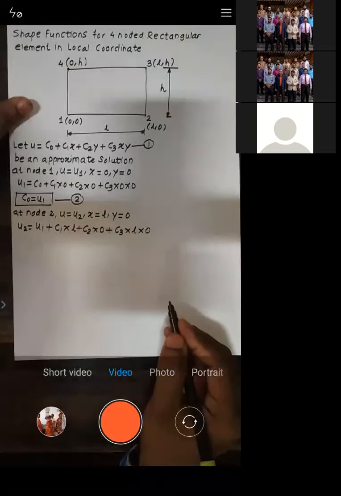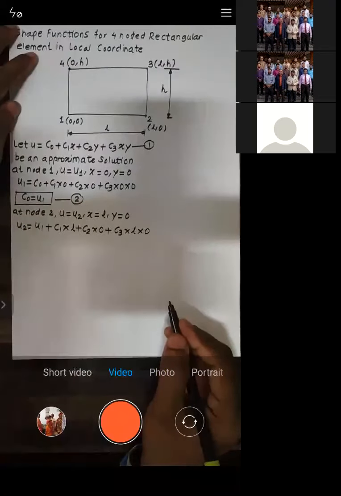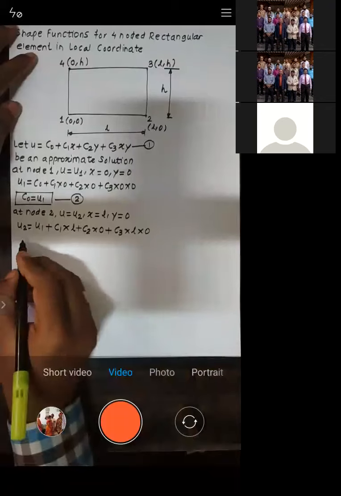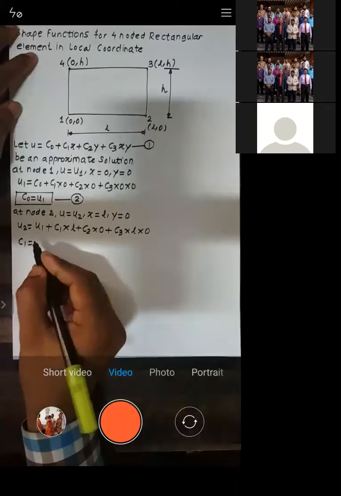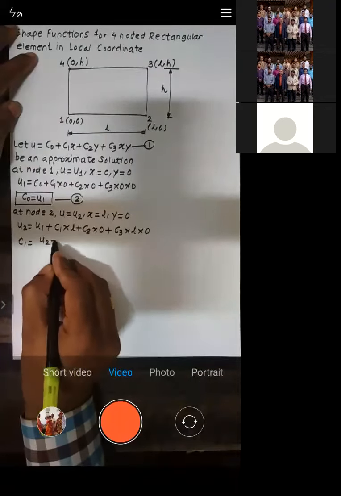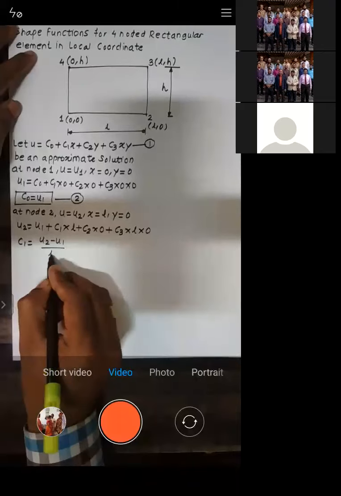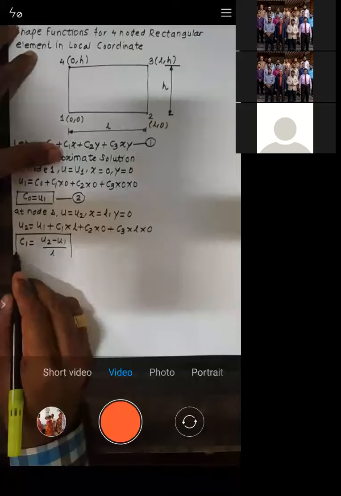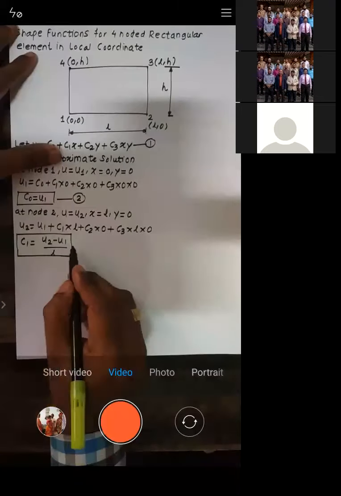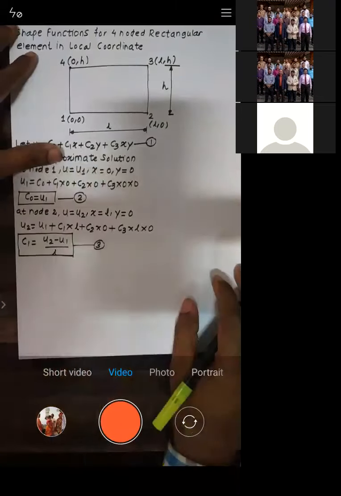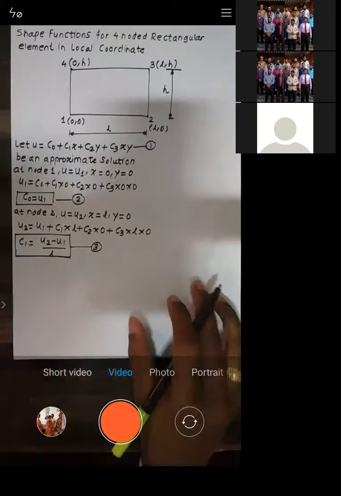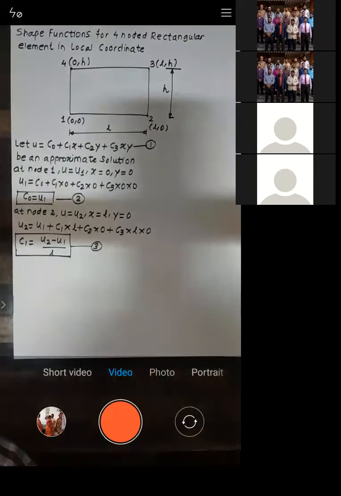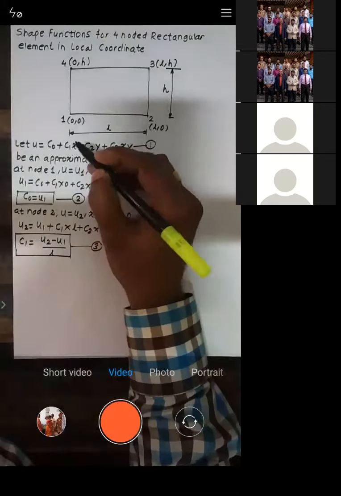Is it okay? So what value of C1 will you get? U2 minus U1 by L. Is it okay? Okay, sir. So this is the value of C1 we have got. We got C0, we got C1.